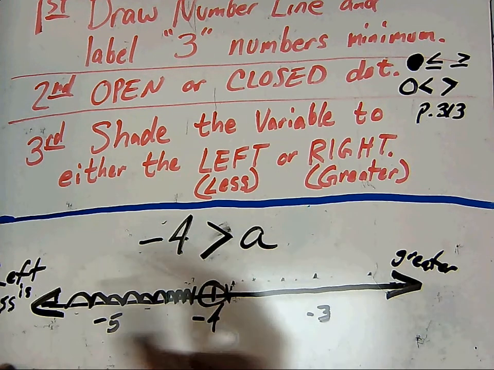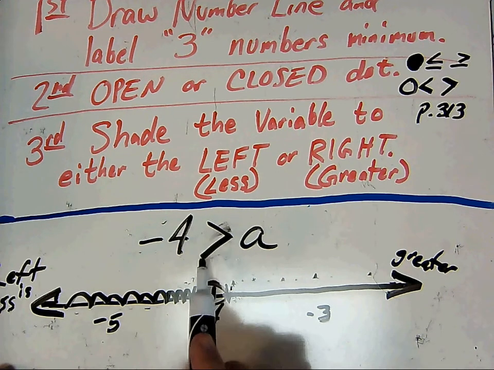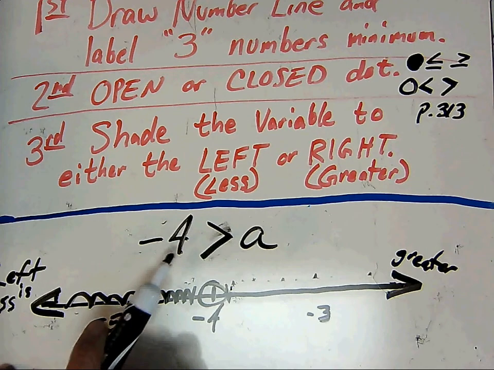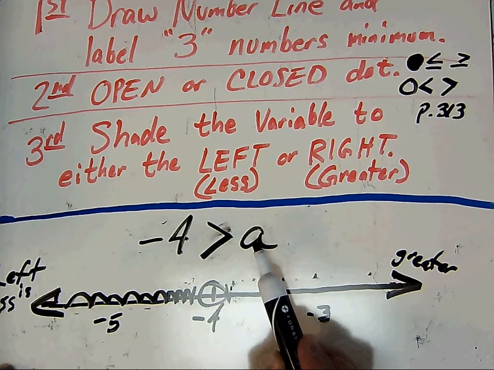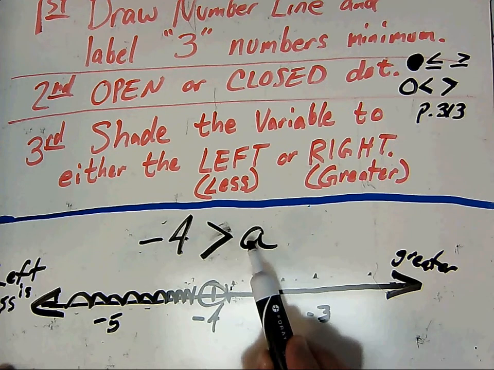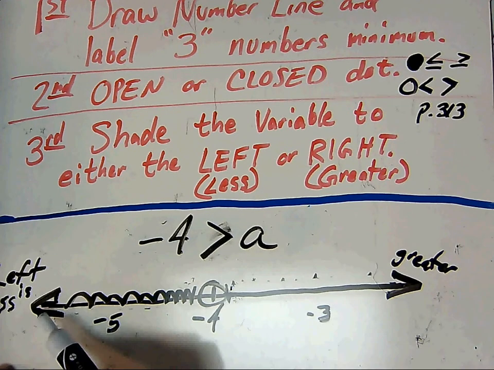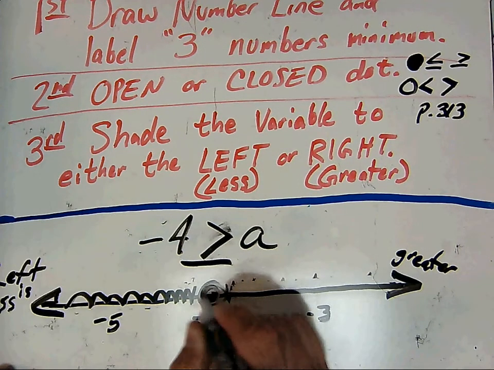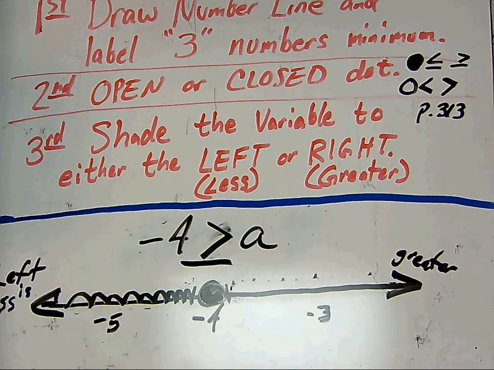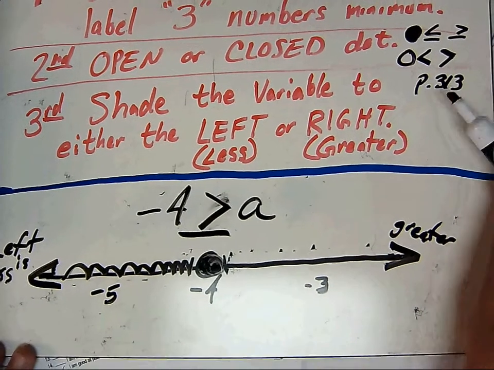Notice that the inequality symbol is pointing that way, but you're shading this way because you're shading where the variable is. If it's pointing at the variable, that means that's less. And again, if it's underlined, it's closed. Come back and watch this video if you have questions, or on page 313 you can read it in your book.